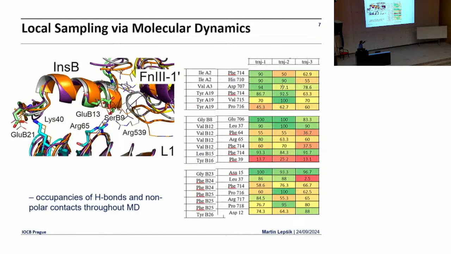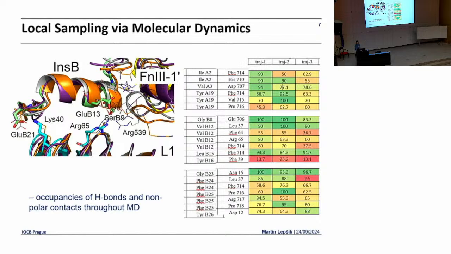And also you can see, from 3 trajectories that we ran, some percentages of hydrogen bonding between pairs of insulin residues and insulin receptor residues. So you can see in green some of those that hold very, very tight, whereas some others in yellow or red are very flexible, are there in some trajectories and not in others, or are not there at all, etc.